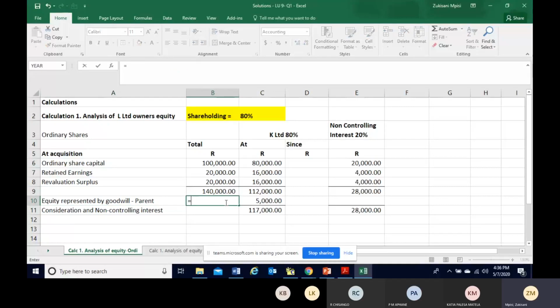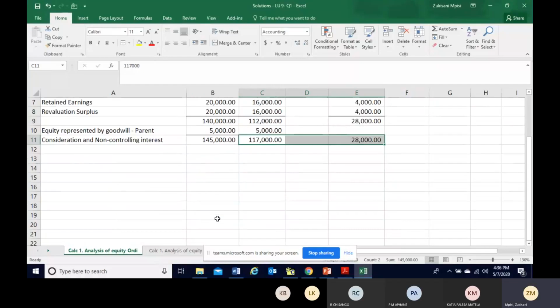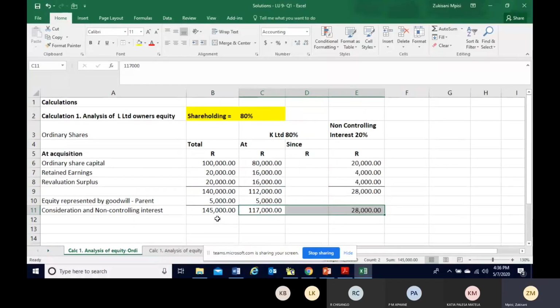So here we'll have the 5,000, and then we'll have some non-controlling interest and your non-controlling interest at acquisition, non-controlling interest and KLTD's interest.